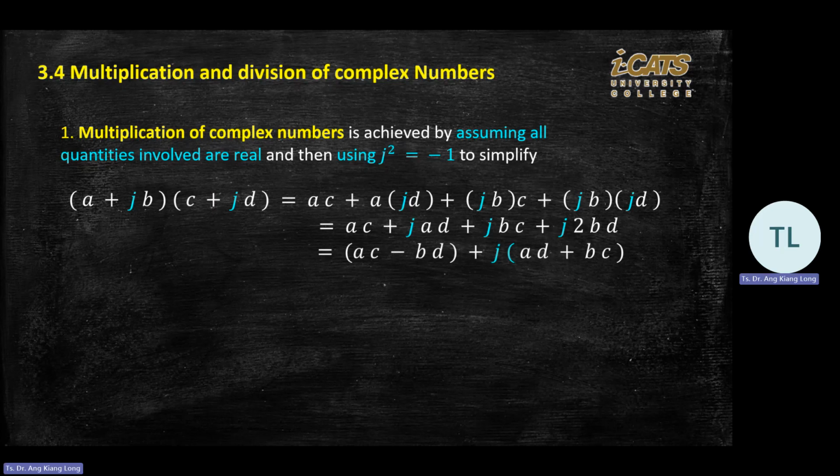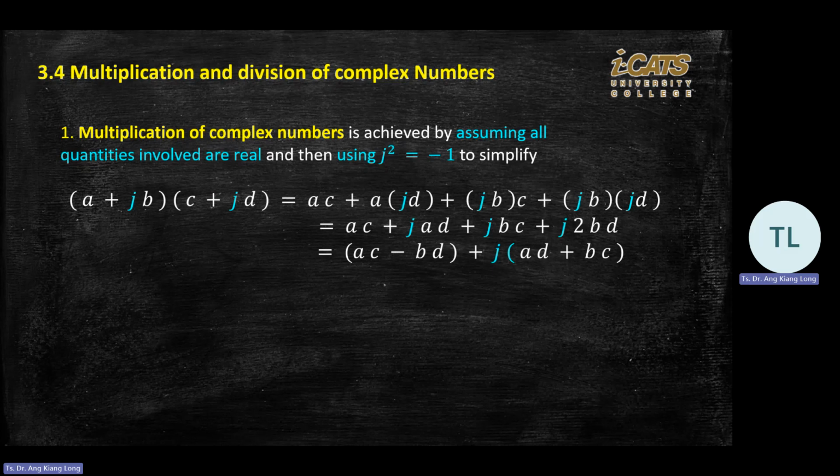And then, j square equals -1. Remember this one changed to minus bd already. So put it inside the bracket, which means you put it in the format with the real part and imaginary part.